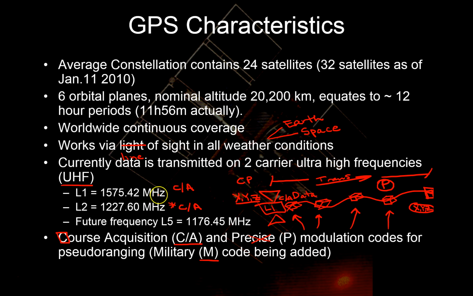Pretty soon even our recreational grade, lowest grade receivers will be able to perform these measurements on both frequencies, L1 and L2. Currently, for the lowest grade, we can only make measurements on L1, what we call single frequency receivers. There's a great benefit to making these measurements on two or more frequencies, and we'll talk more about that as this course progresses.